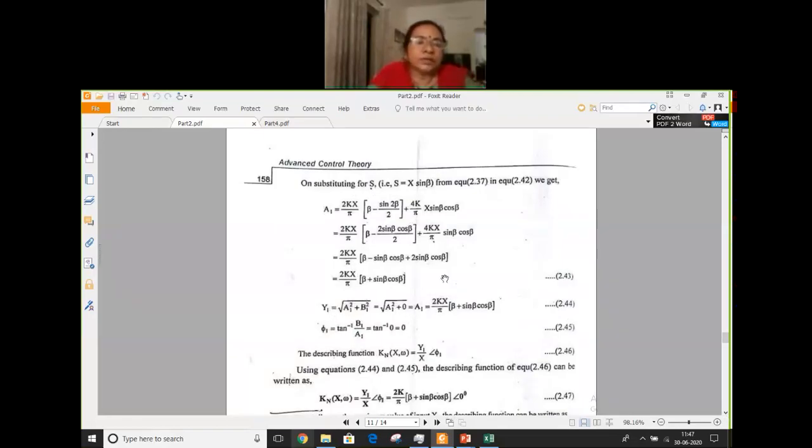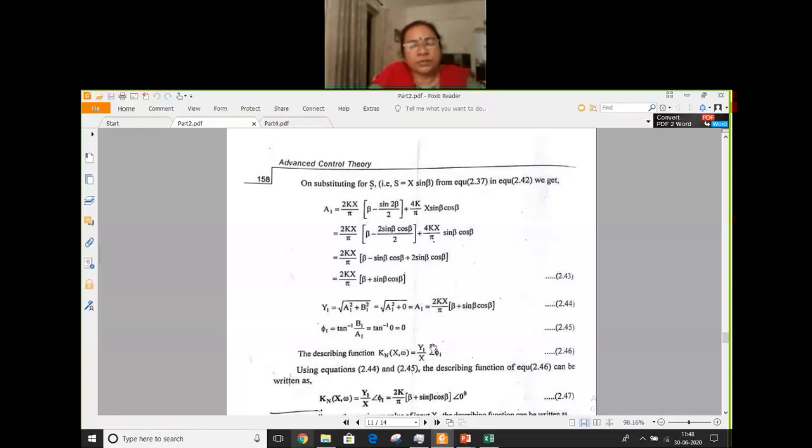Then we know that Y1 is equal to the root of a1 square plus b1 square. The value of b1 is always 0, so once you get the value of a1, you have Y1. Phi 1 is equal to tan inverse b1 by a1, which is tan inverse 0, that is 0. So the describing function is the general equation Y1 by X angle phi 1.